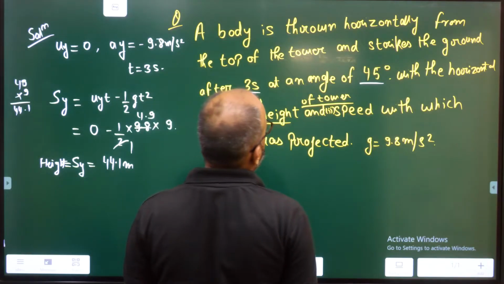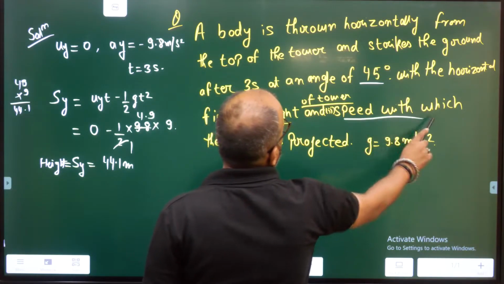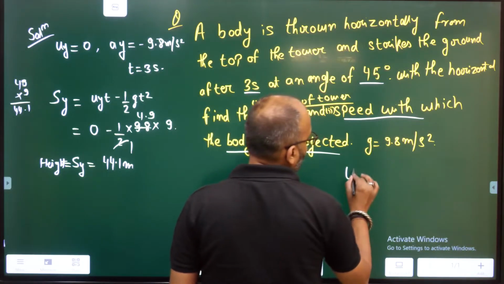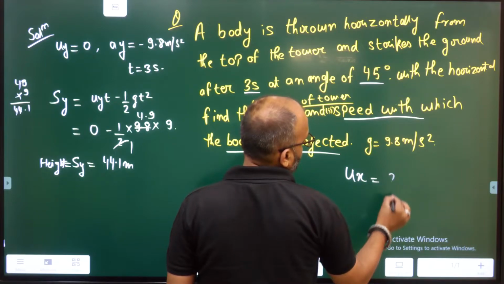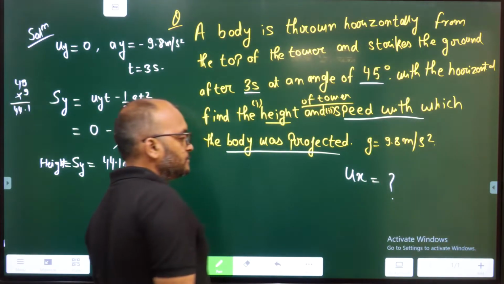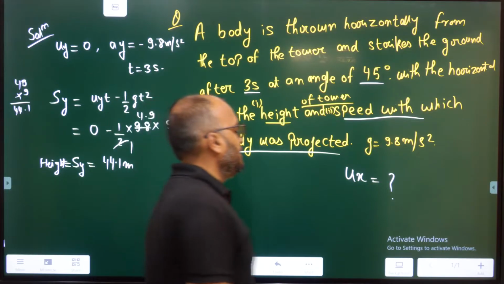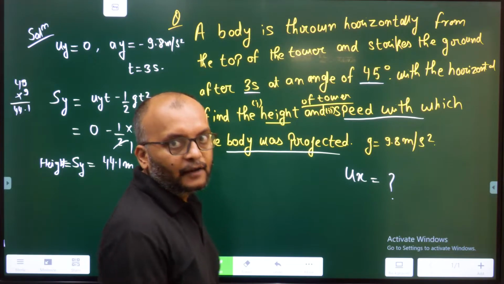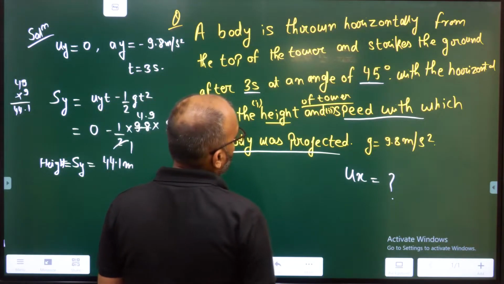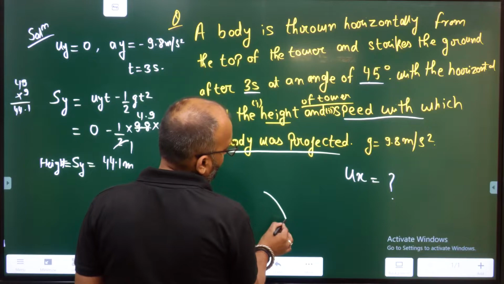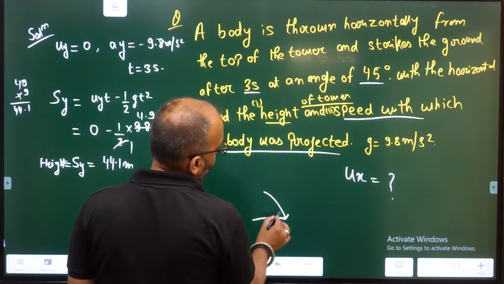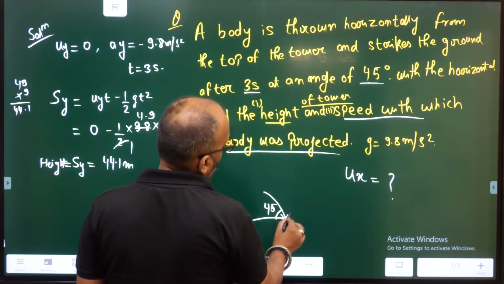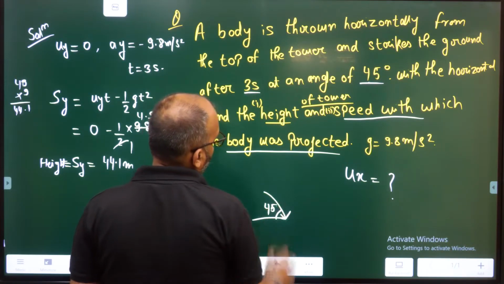Now second part is, it is asking the speed with which the body was projected. That means it wants to know ux, initial speed along the x-axis, right? And the data given to us is that when body is striking the ground, it is striking at an angle of 45 degree. So this is the final velocity with which body is going to strike the ground, yes or no?